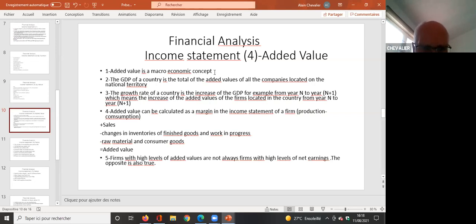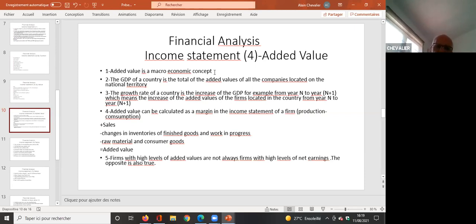Point two here is that the GDP of a country is related to the added value as something between them. The GDP of a country is a total of the added values of all the companies located on national territory.